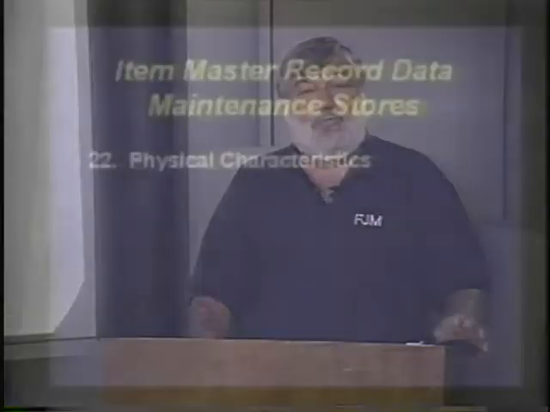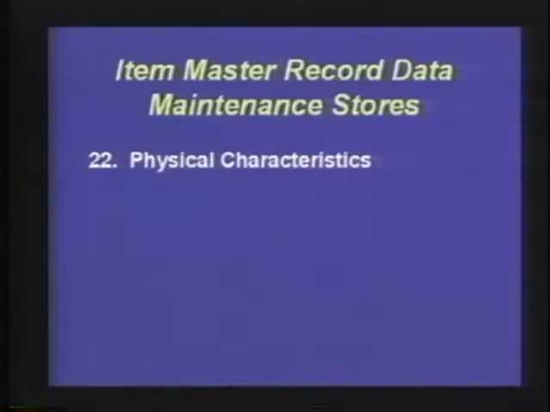Now, moving on to page number 9, we have some additional storage information, and number 22 pertains to the item characteristics, and really that is the input into the development of maximum quantity stored, which we discussed on a previous exhibit.